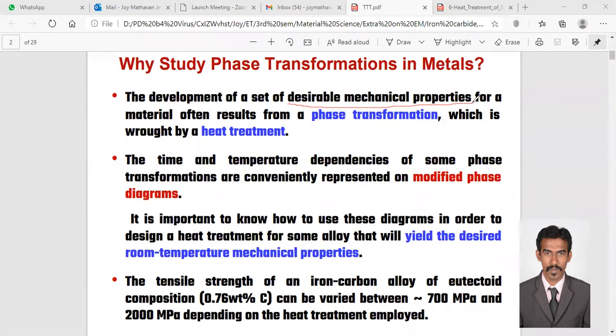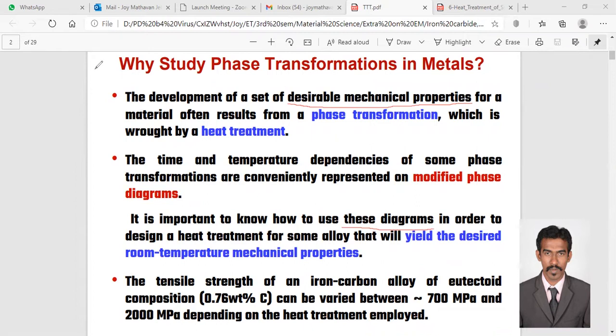It is important to know how to use these diagrams, meaning the iron carbide diagram, which is coming in the next slide. These diagrams are the basic structures to understand what is happening at which temperature, at what time, and on which structure, whether it's BCC or FCC.